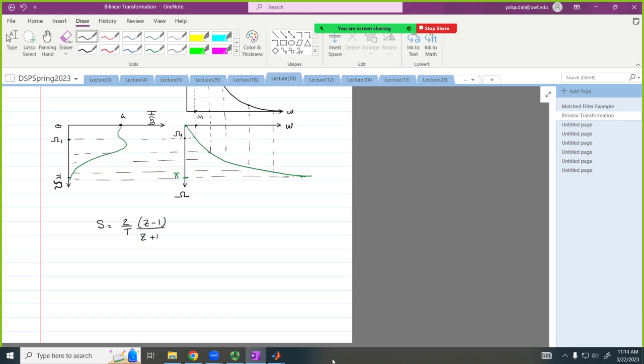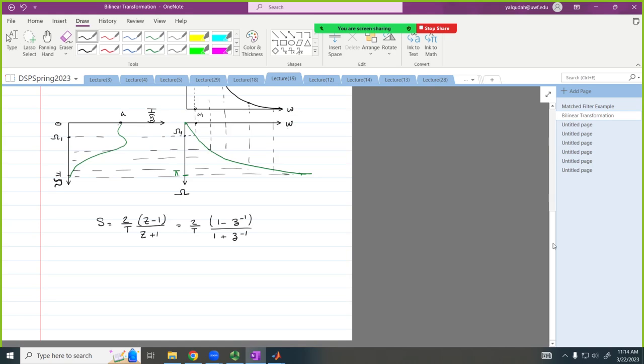So what we're claiming is this transformation is going to do all this magic, and we're going to try to explain how this all works. I can write this as 2 over T multiplied by 1 minus Z to the power negative 1 divided by 1 plus Z to the negative 1.